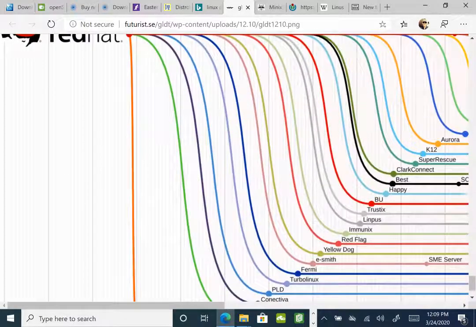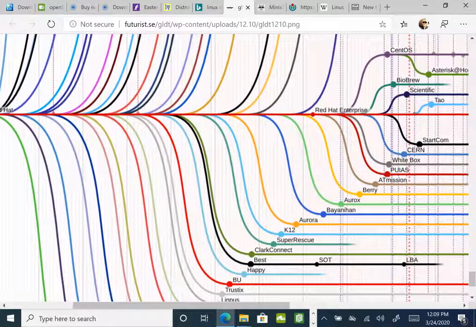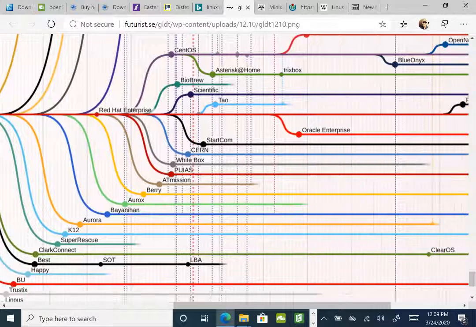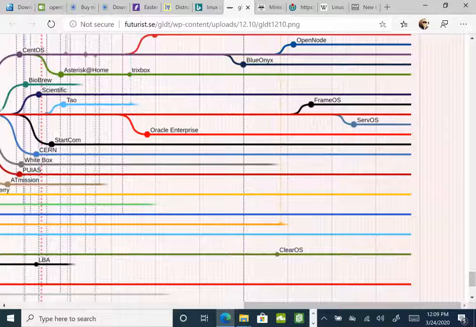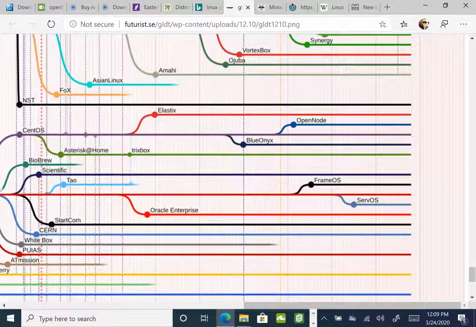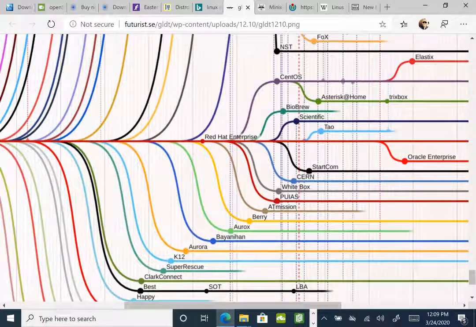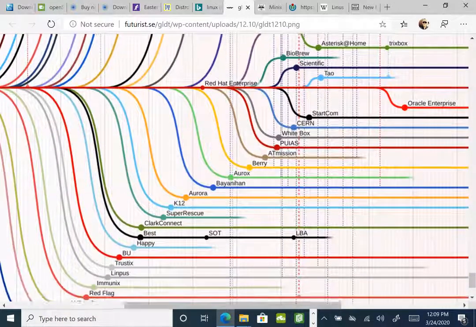Anyway, moving down, Red Hat was another one. Red Hat was a massive distribution that was used, Red Hat Enterprise, and that's opened up, and it's now Oracle Enterprise. But see, every single one of these that comes off of here is a fork, and it's a different distribution. So CentOS is very, very popular.